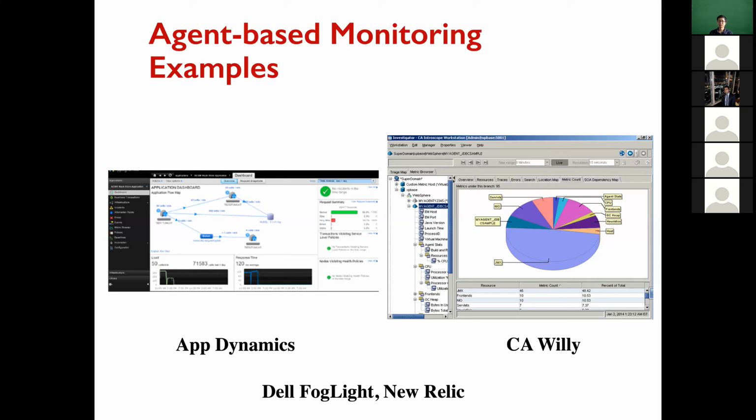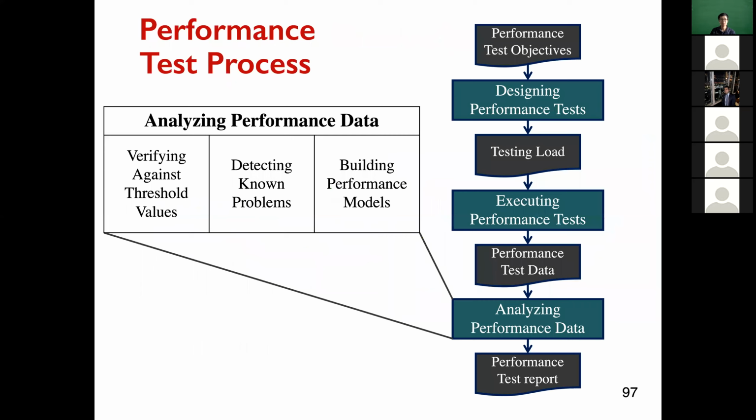So we have talked about the second step, executing the performance test. The last step is analyzing performance data. We analyze our performance data based on our performance testing targets, right? The first one is verifying against threshold values. For example, the time for our system to conduct a search request should be less than 3 milliseconds, right?